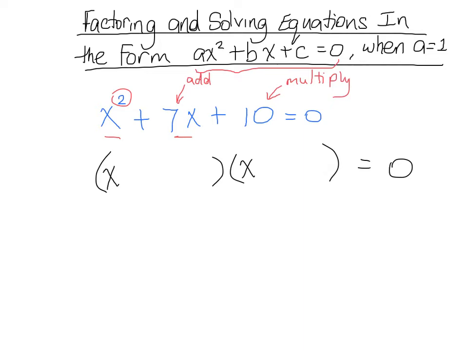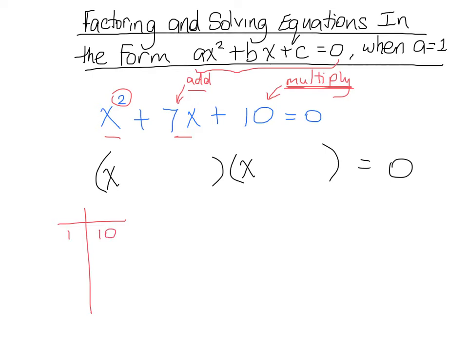You may see right away what the two numbers are, but just in case, it's much easier to figure out two numbers that multiply to get 10 than two numbers that add to get 7. So you might want to make a little list of pairs that multiply to get 10.